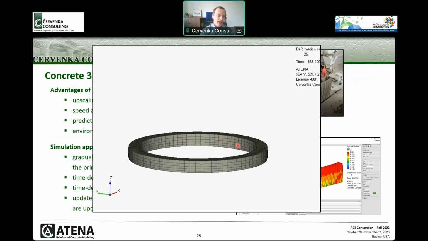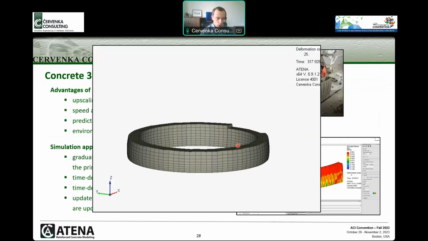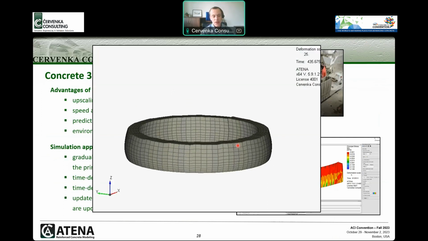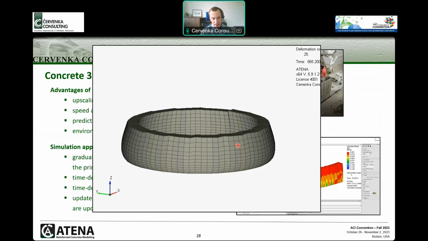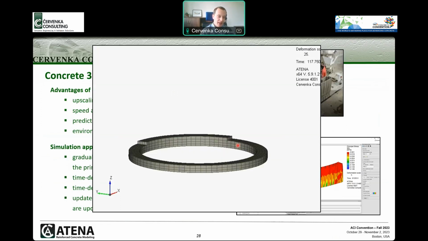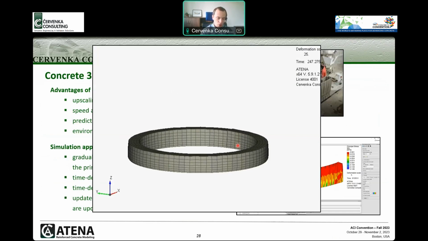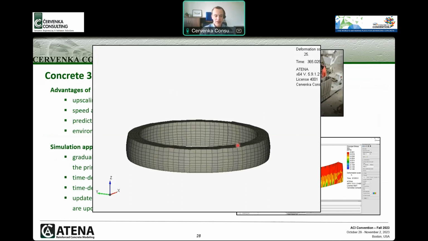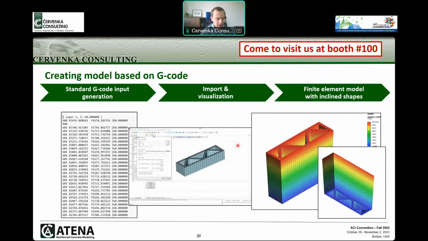By this means we can simulate how the material hardens, and if the load and the printing speed is too high, we can simulate progressive buckling collapse. Actually, this analysis can be done now based on the standardized G-code input, which is used by the softwares for modeling of the 3D printing objects.